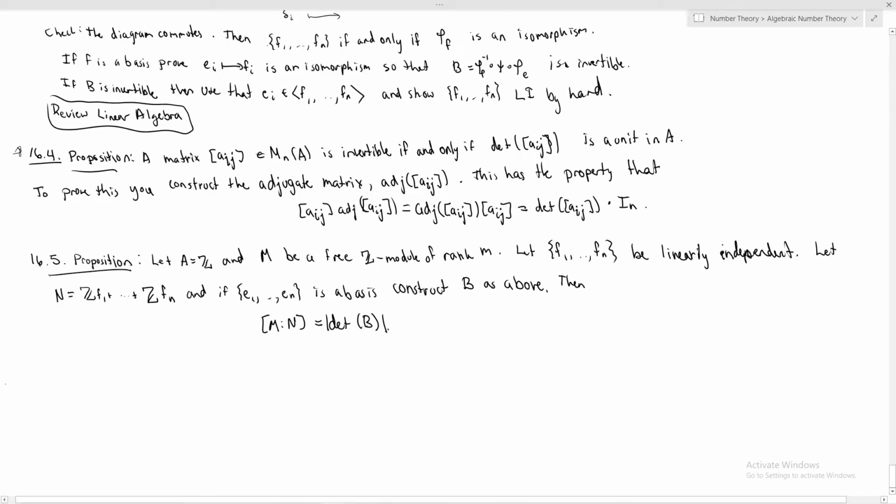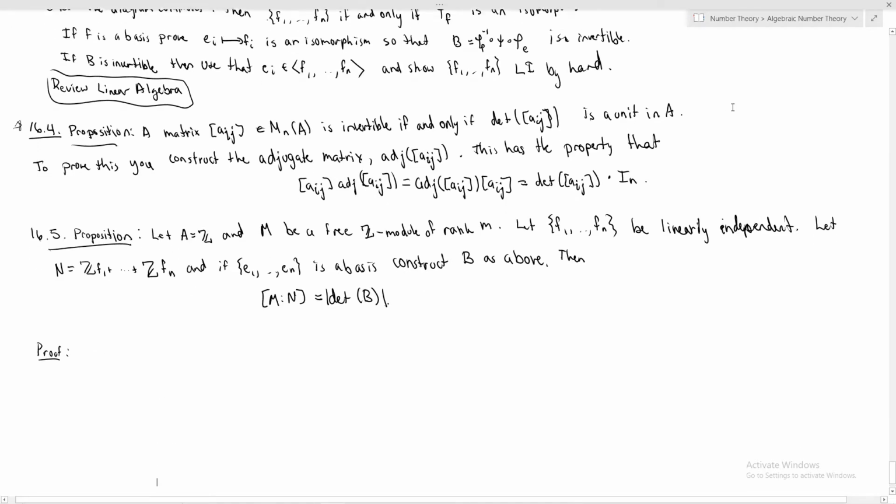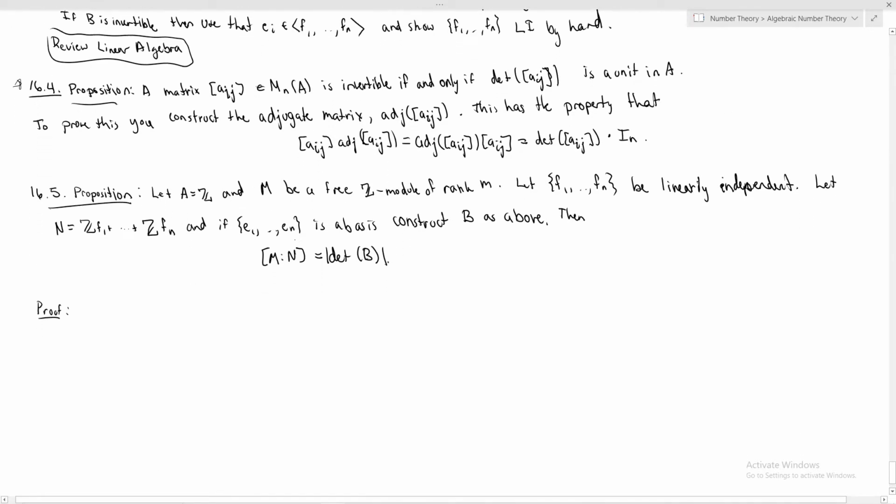The other case is a little bit more work. You need to construct a specific basis. You can't just use this ei, you need to use something more clever.